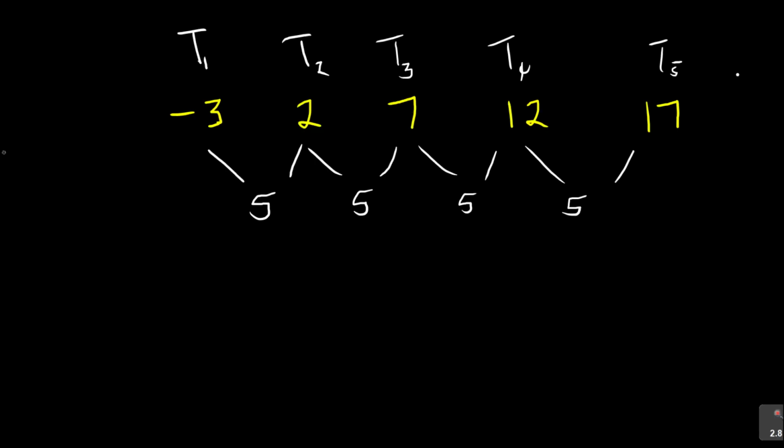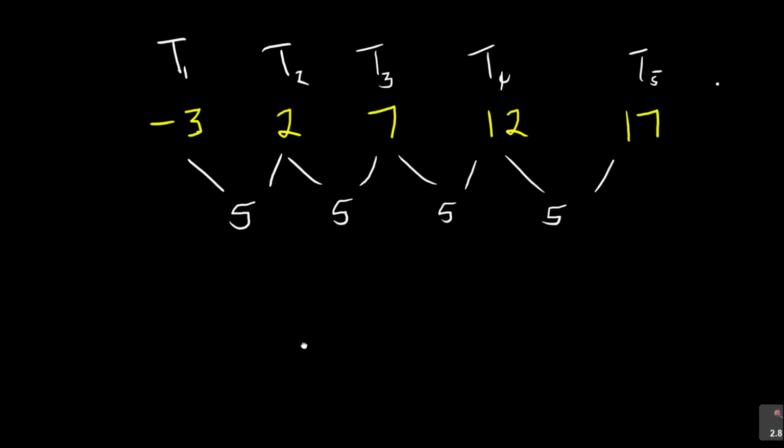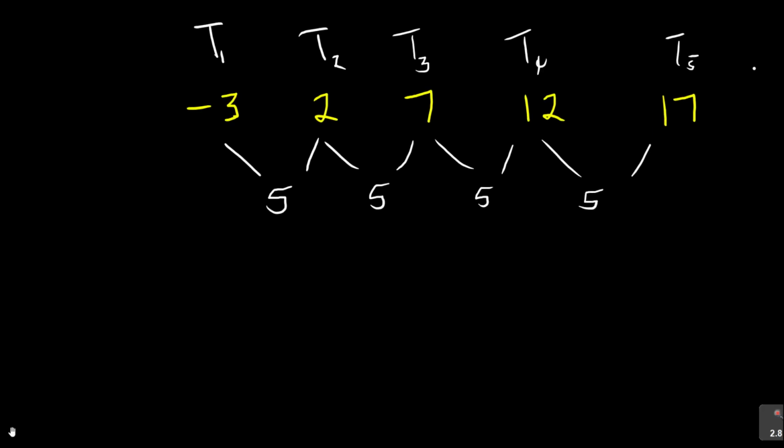Are you with me? Now, we look at it like this. We start from T. Remember, we are saying the 5 is always our constant. So it's 5, 1, and then minus 3. Start with that one, minus 3.